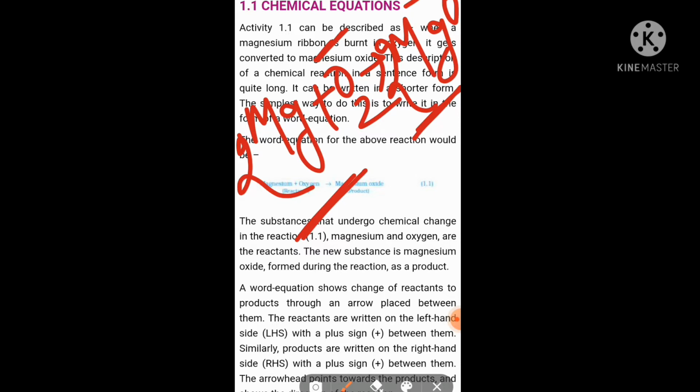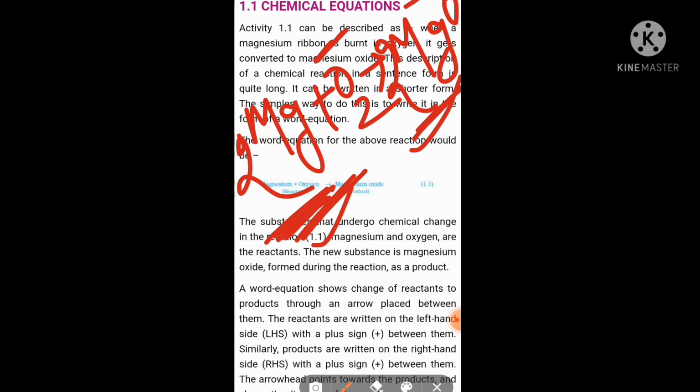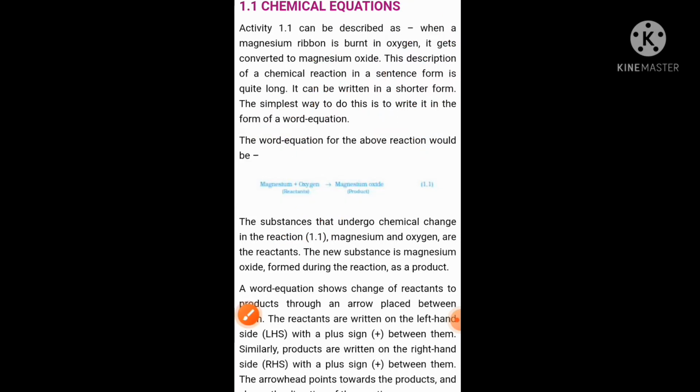Why is it called a balanced chemical equation? Because the number of atoms of each element is equal on both sides, meaning reactant is equal to product. Now see what is an unbalanced chemical equation.